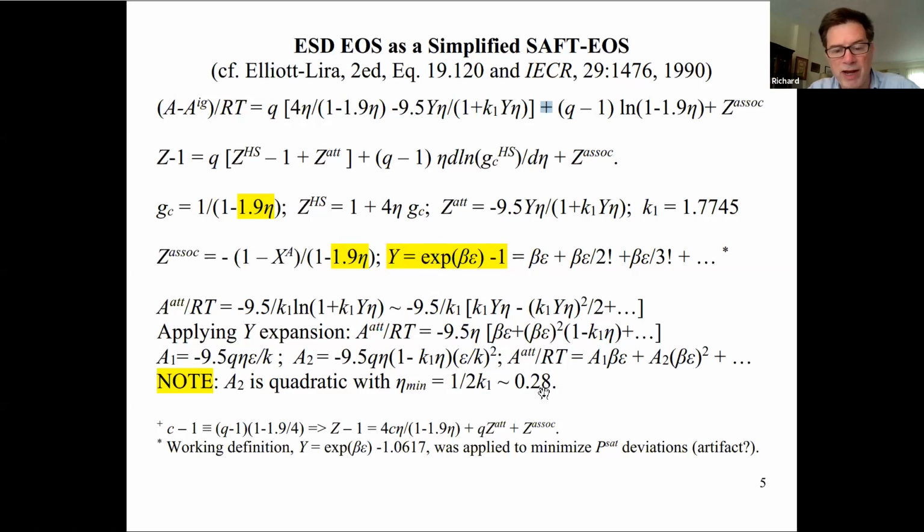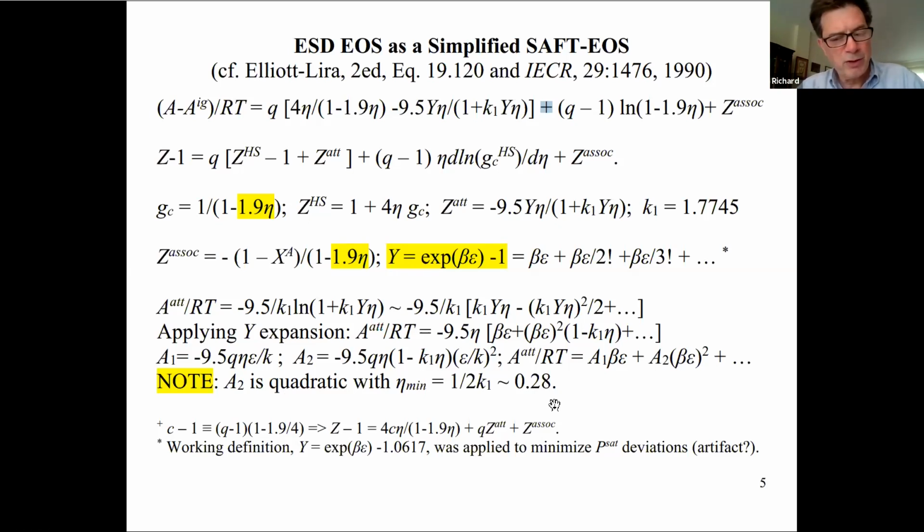If you solve that quadratic equation, you find the minimum in A2 is always at around 0.28 packing fraction. The contribution never results in a positive contribution to the A2 term, because the packing fraction of 1.9 always precludes the density where the quadratic term becomes positive. And so this A2 term is qualitatively correct in terms of what it should look like.